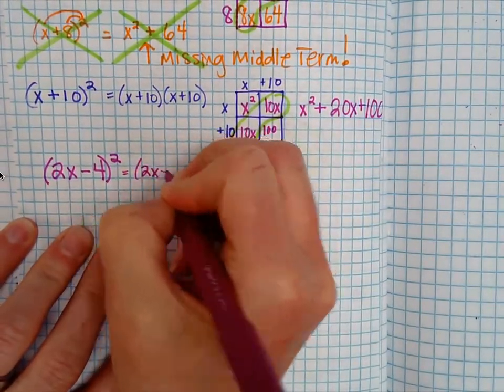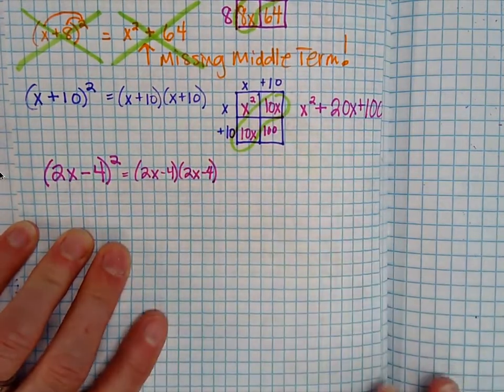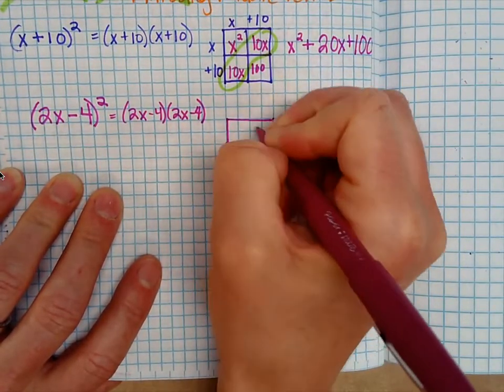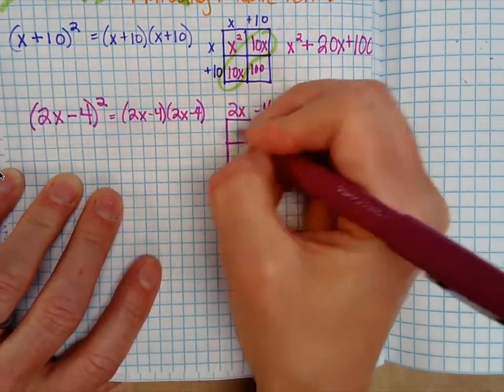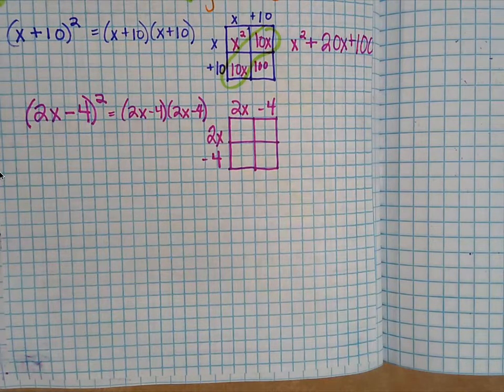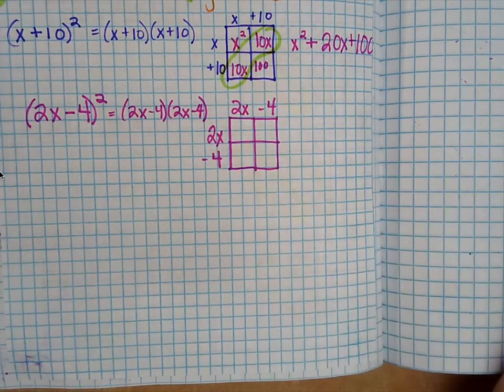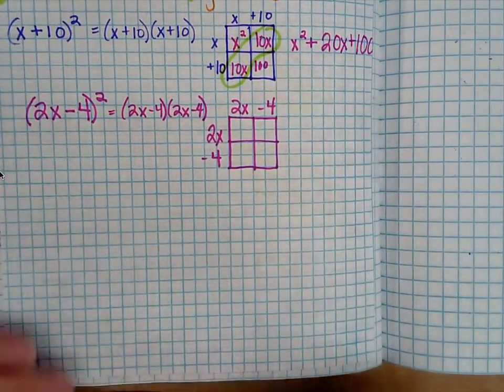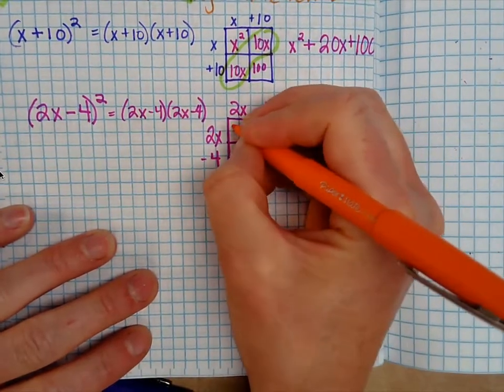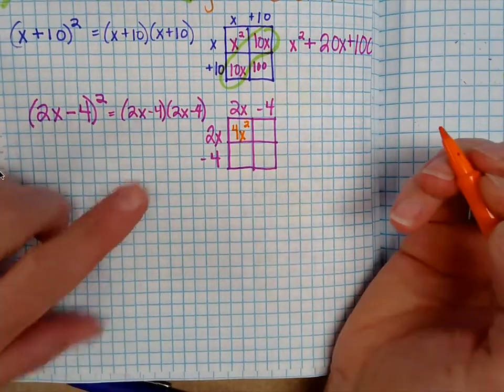So this means 2x minus 4 times 2x minus 4. 2x times 2x is 4x squared. 2x times a negative 4.